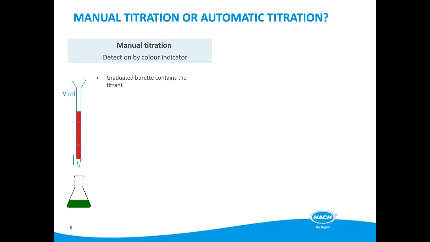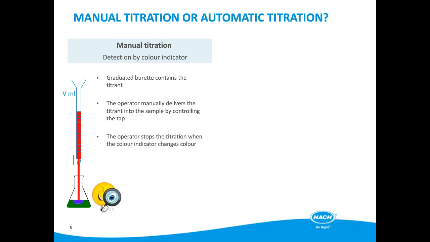The titrant is in a graduated burette, and the user will open the tap and control the flow of the titrant into the sample. The sample will change color, and the user will stop the titration when the sample has the correct color.